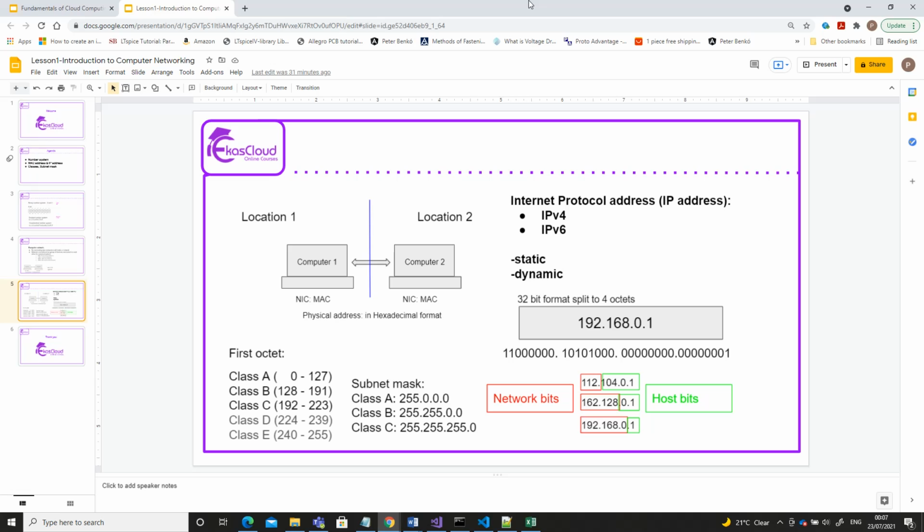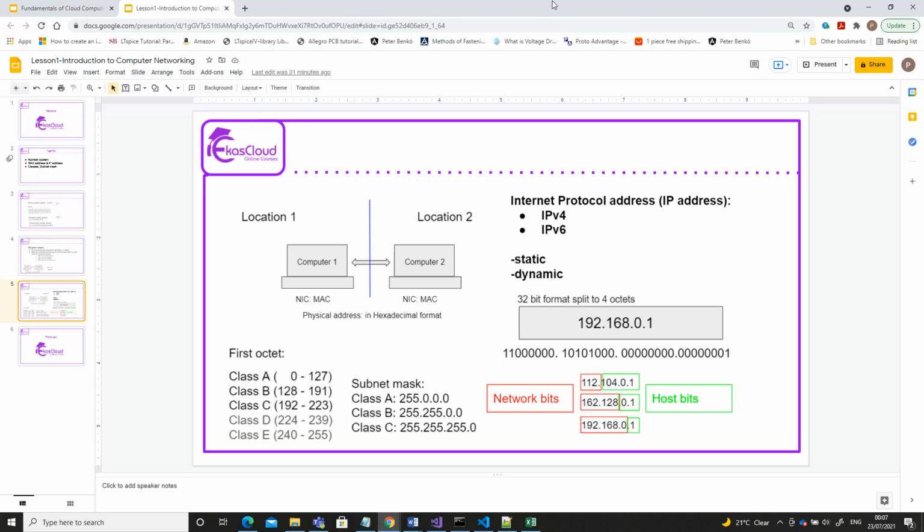And accordingly, we can use the subnet mask, whose purpose we will explain, I believe, in the following lessons.